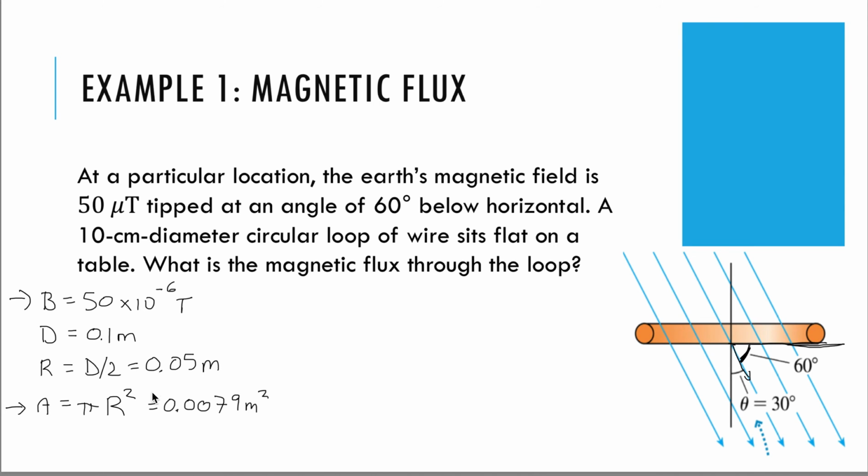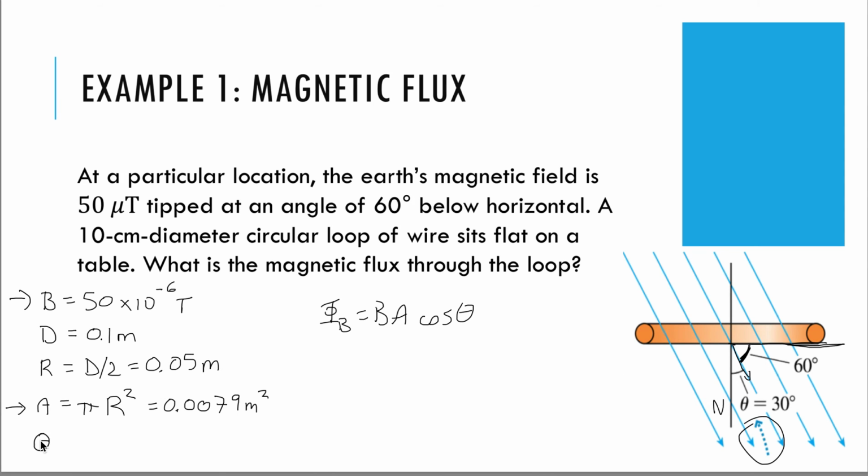Now to find the magnetic flux, let's write down the equation. The magnetic flux is BA cosine theta, where theta is the angle between the normal to the plane of the loop, which is this vertical line here, that's the normal. We need the angle between the normal and the field, so that is what is given right here. 30 degrees is the angle between the normal and the field, not 60.